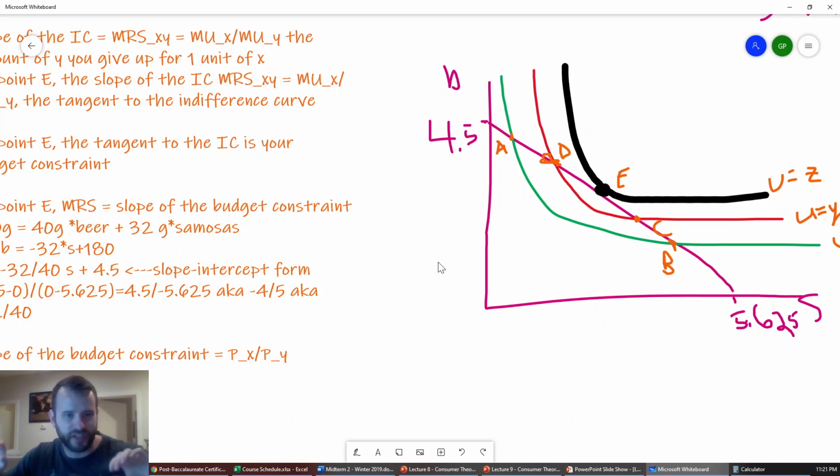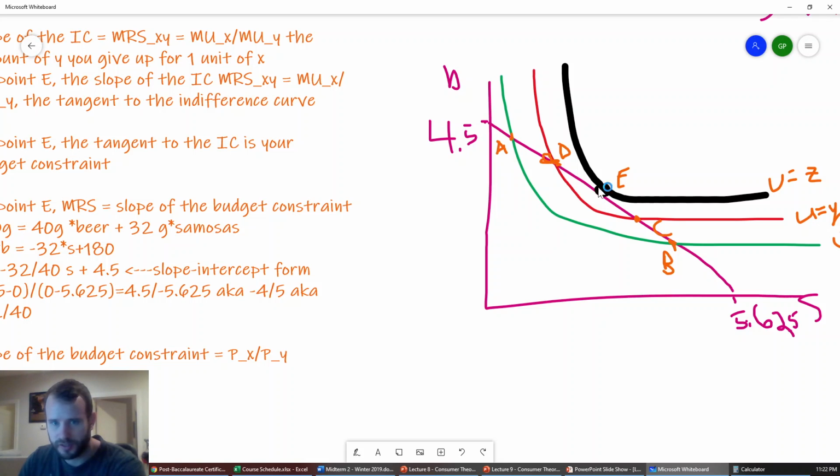Okay, but at E, the marginal rate of substitution, which is the tangent line to the indifference curve, is also the slope of the budget constraint, which is the ratio of prices.